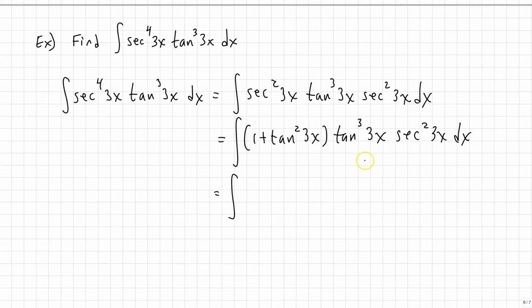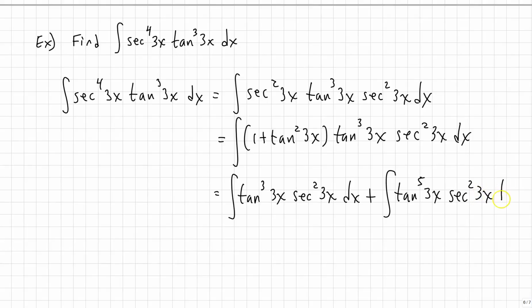So we're going to distribute and split this up. If we distribute and split up, we get tangent cubed secant squared plus tangent to the 5th secant squared.